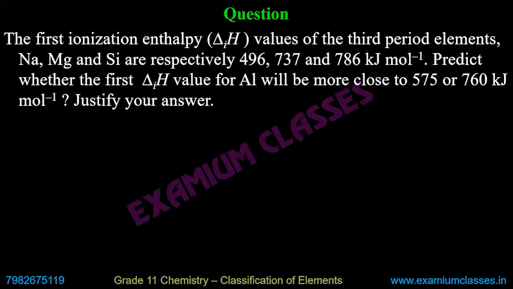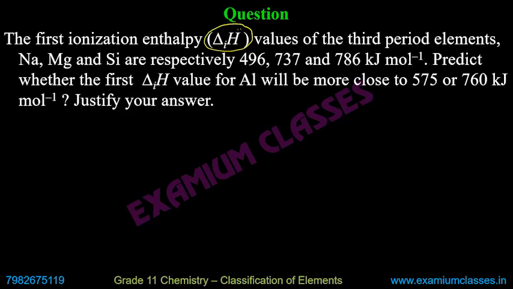Now the question, the first ionization enthalpy, you know first ionization enthalpy, we talked about it in previous class. The energy required to remove the valence electron from an atom which is in gaseous free ground state. Free means isolated, isolated ground state, gaseous state.